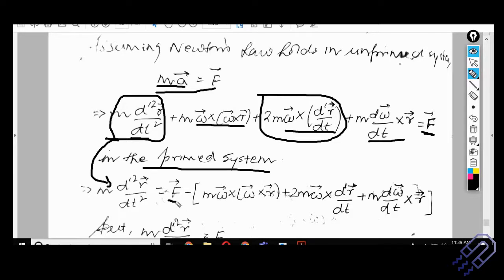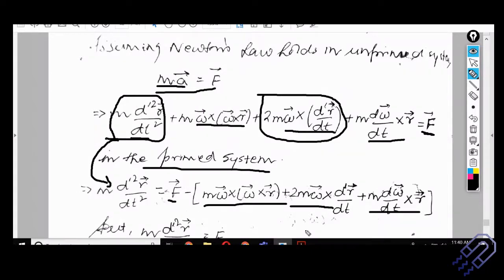So it will be the original force minus all the forces which are created because of the different components of acceleration. So you get F minus this. This is clear from the mathematical picture. So in the primed system, the force will be less because of all these accelerating components.